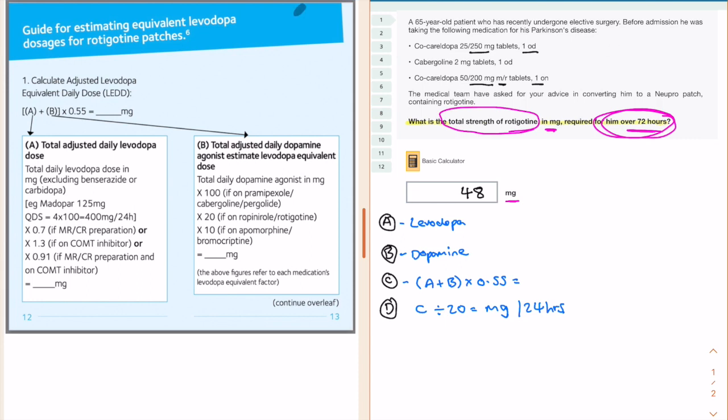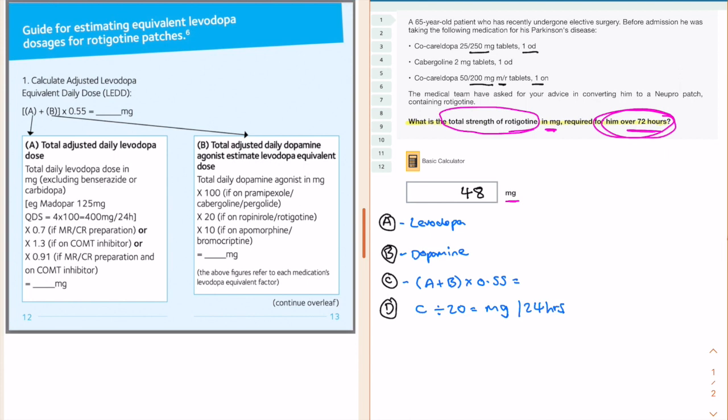If you look in the resource pack to your left, it says that if the patient is taking a modified release preparation, when you calculate the amount of levodopa, you must times it by 0.7. If they're on a COMT inhibitor like entacapone, you have to multiply it by 1.3. If they're on a modified release preparation and a COMT inhibitor, you times it by 0.91.